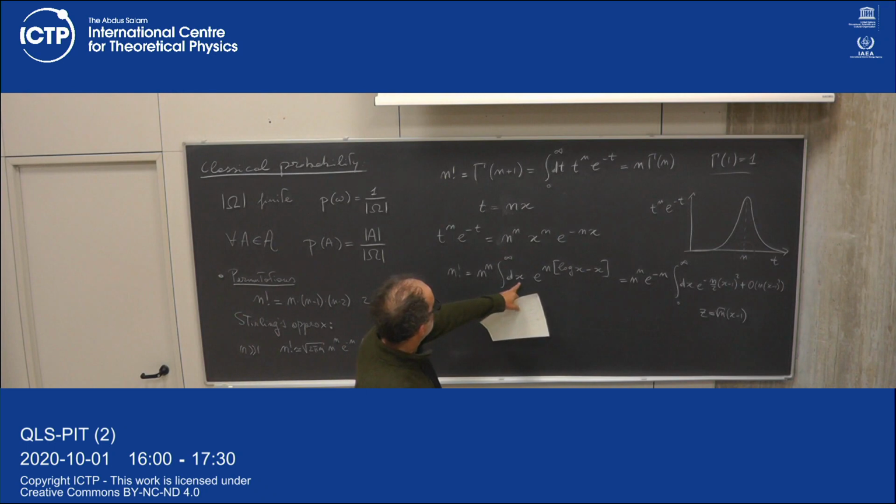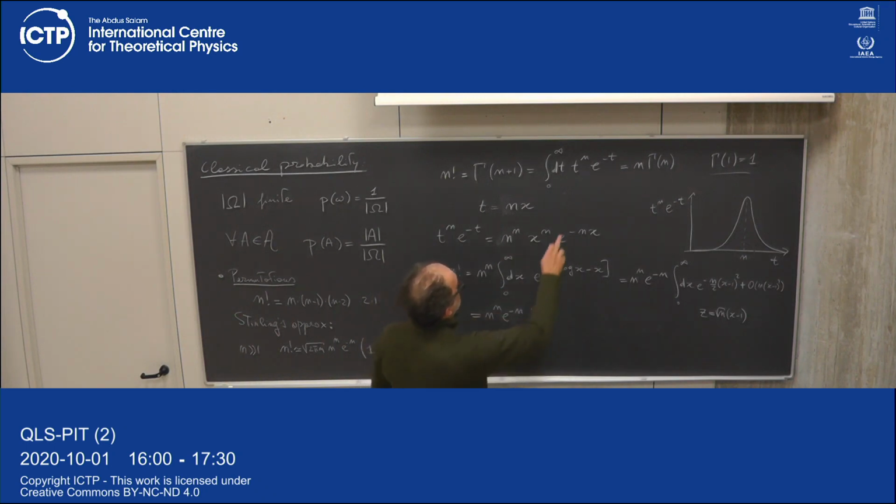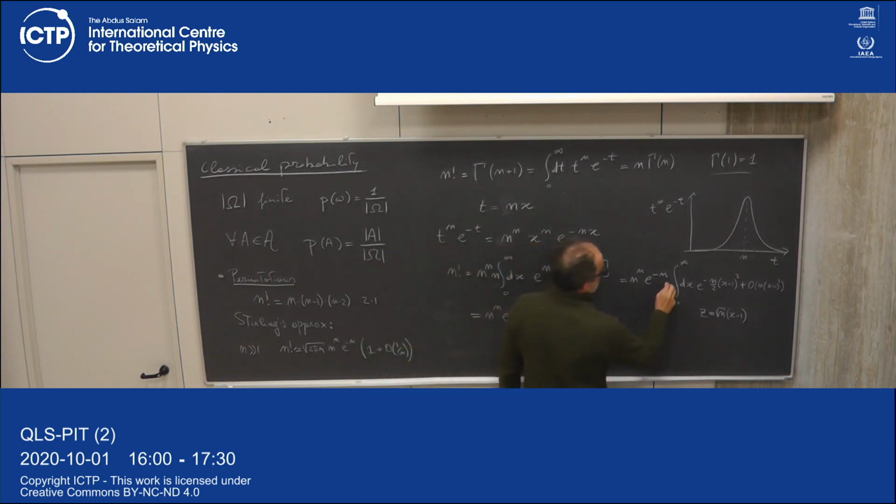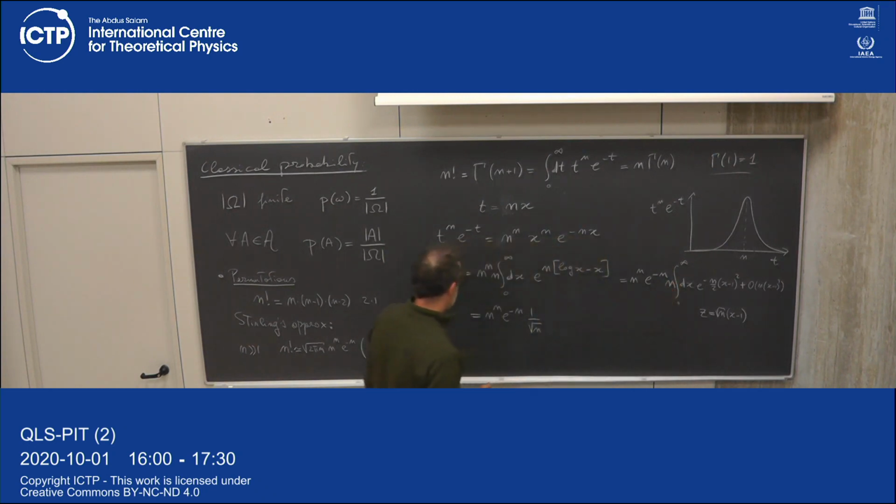Sorry, I forgot a factor n when I did the change of variable, because the dt is n times dx, so there is an n here. So there is an n divided by square root n.